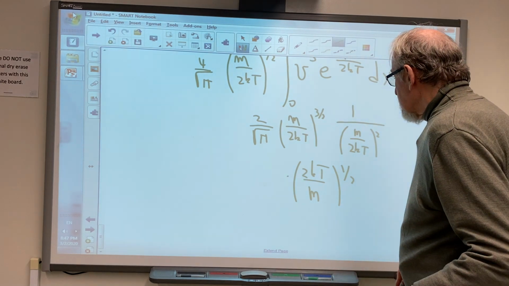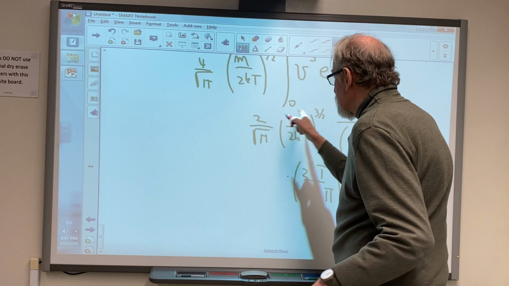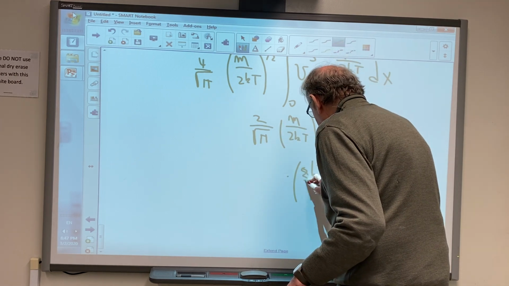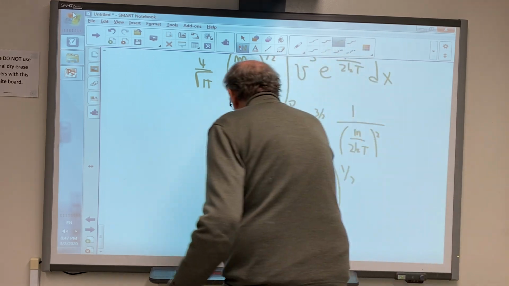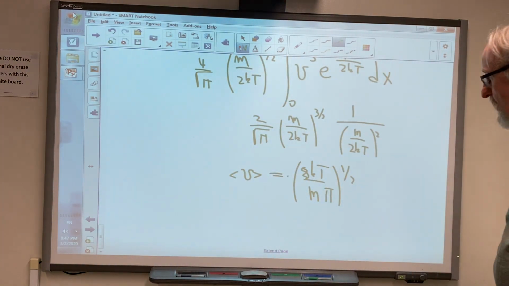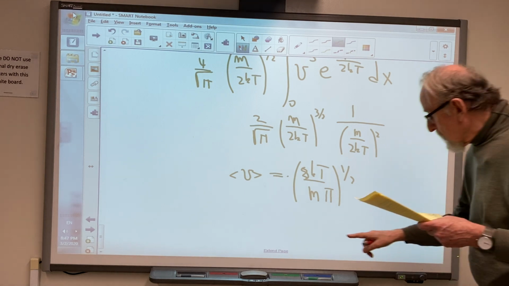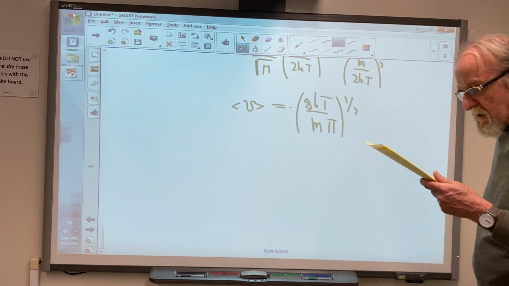And the pi goes inside, and these 2 gets inside as a 4, I get an 8. That's the average speed. You will see that this constant plays a role. So it's, let me make sure I wrote it right, square root of 8kT over m pi. Good. That's the average speed.